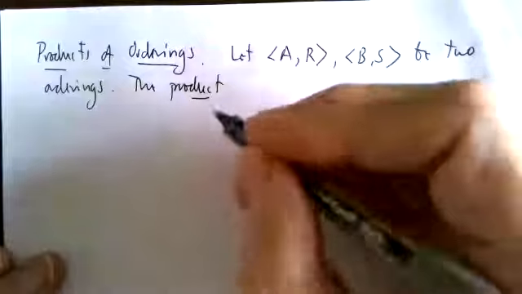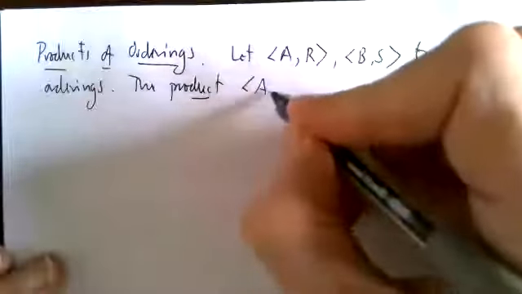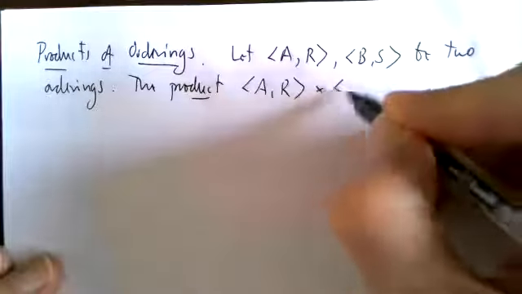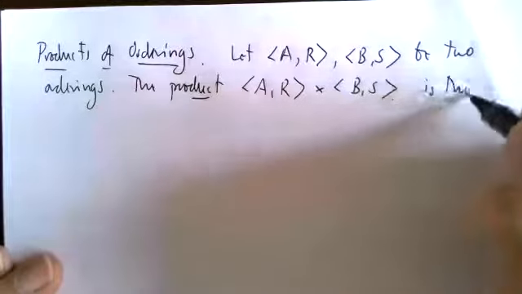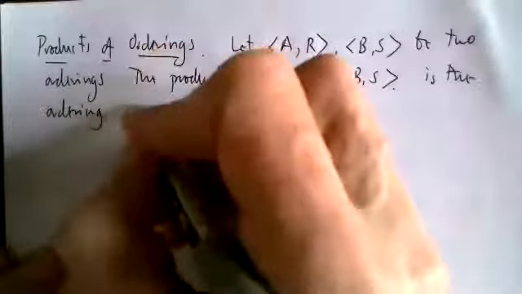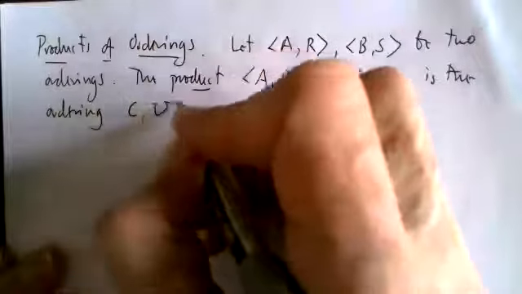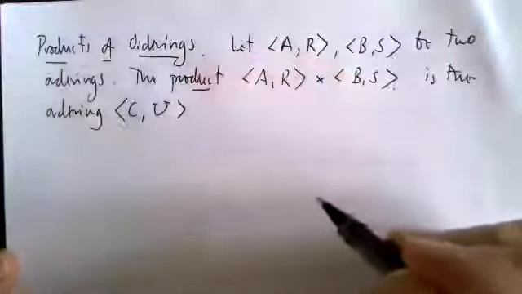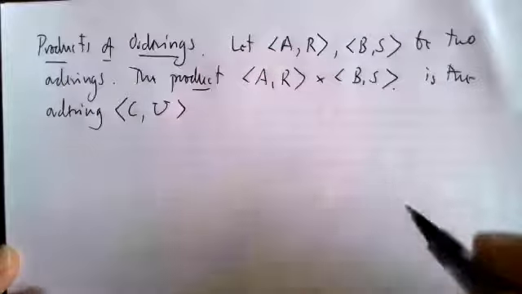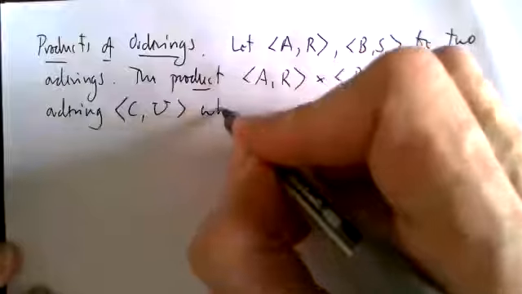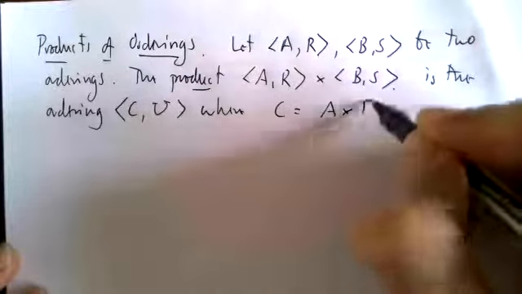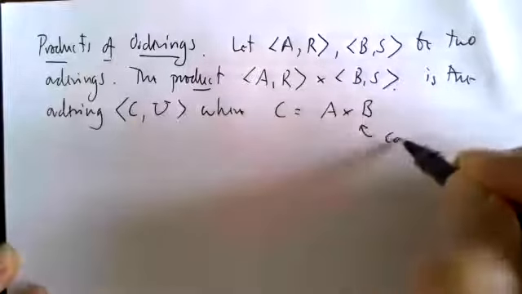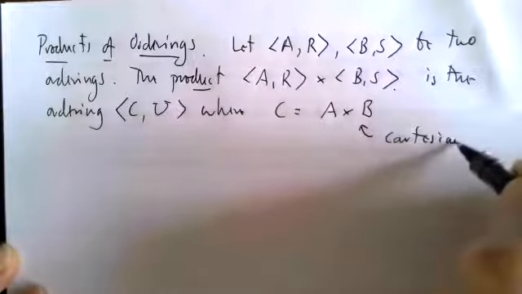So the product, which we'll write A_R cross B_S, is going to be the ordering C_U. Now I don't have to worry about disjointness. I'll just take C to be this Cartesian product. Okay, so here this is Cartesian product.